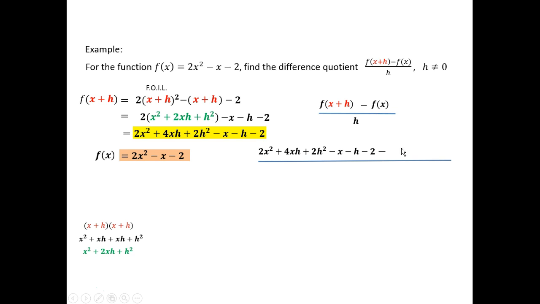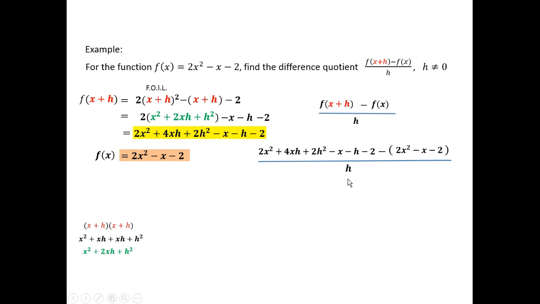This f of x needs to be in parentheses. So that's going to be our 2x squared minus x minus 2. And then we put all of this over h.